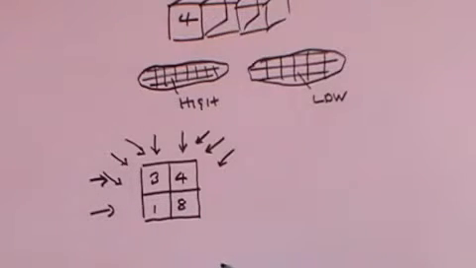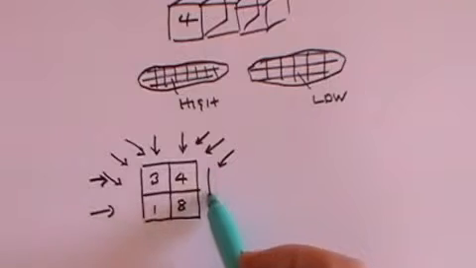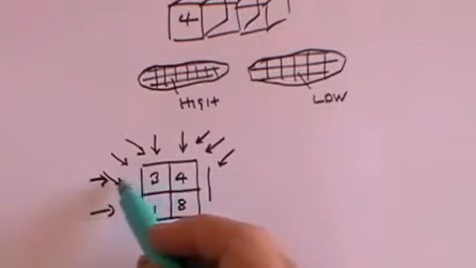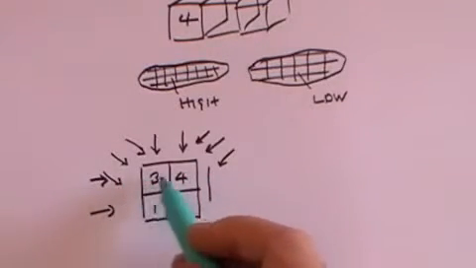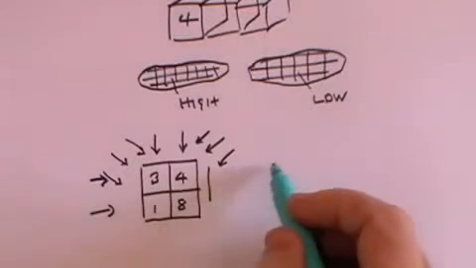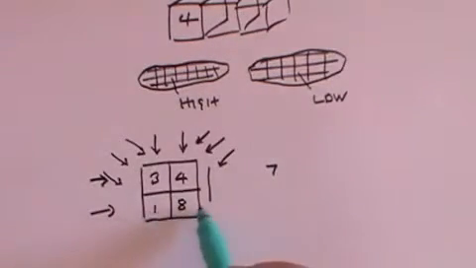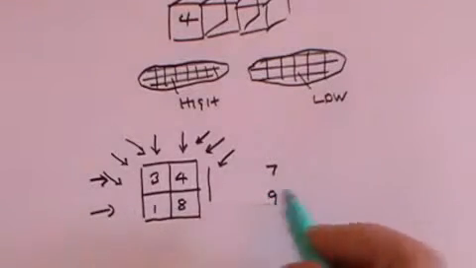Well, what will happen when we go through in this direction? So the X-rays are travelling through and onto a screen here. Well, that will measure that the total attenuation of the X-ray passing through this section here will be 7. And the total attenuation coming through this section will be 9.